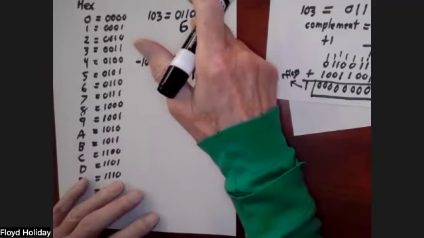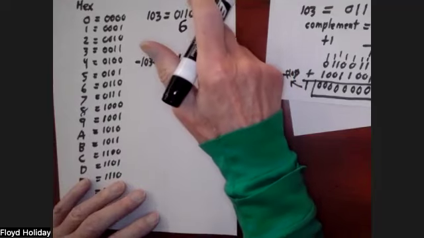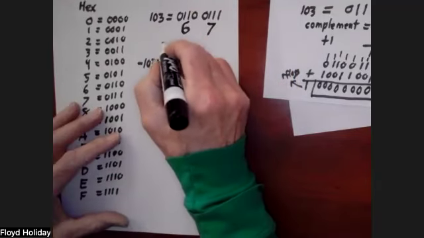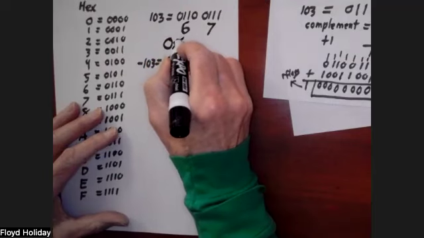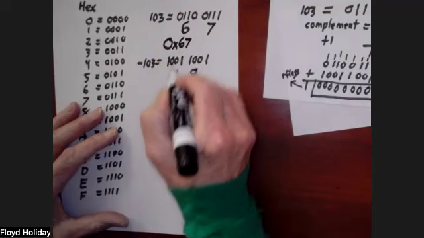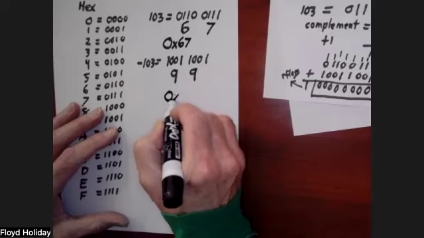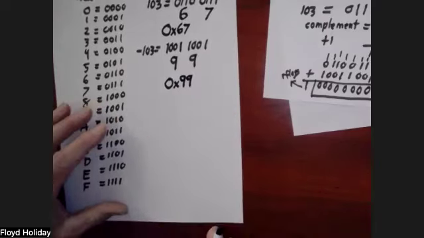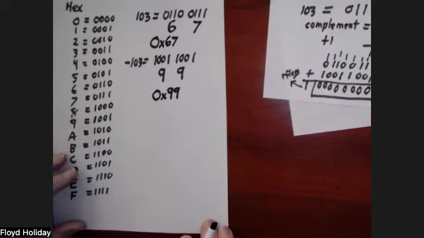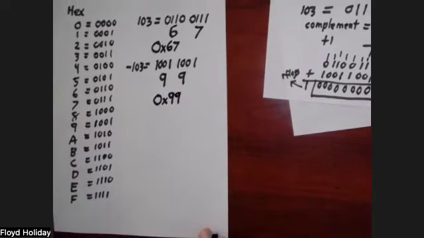Now, humans will read 67 and not know that it's hex, and so the standard notation is 0x67. And here it would be 0x99. The 0x has been around for decades. It simply means that what follows is written in base 16.